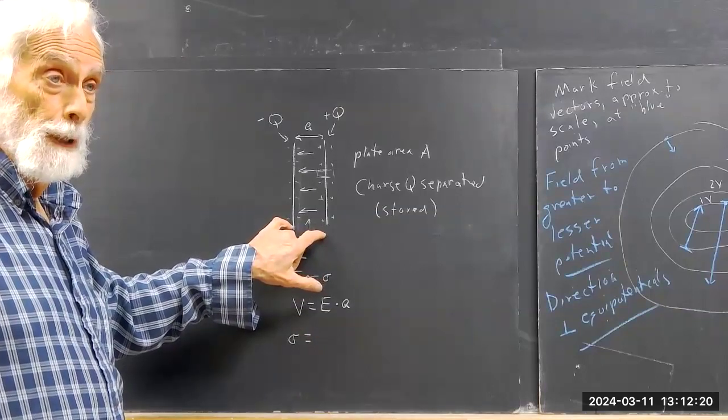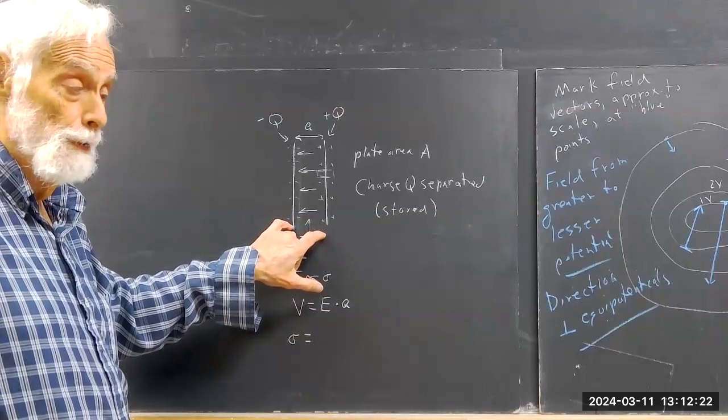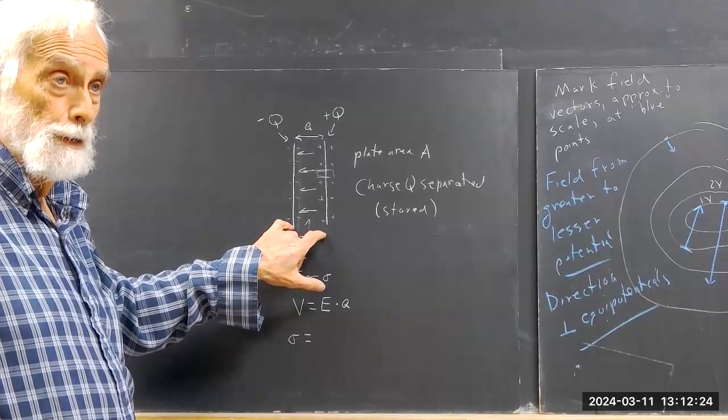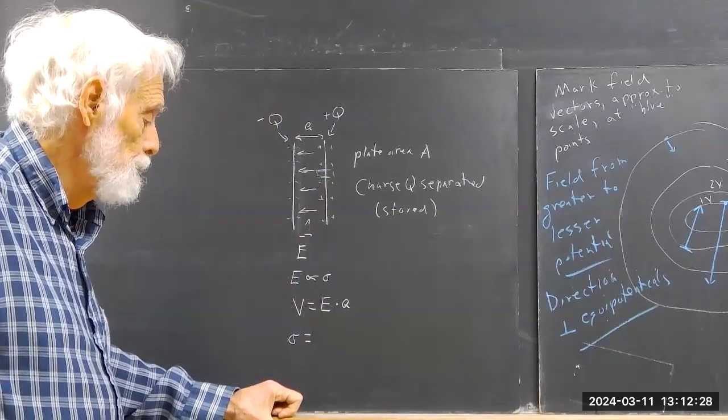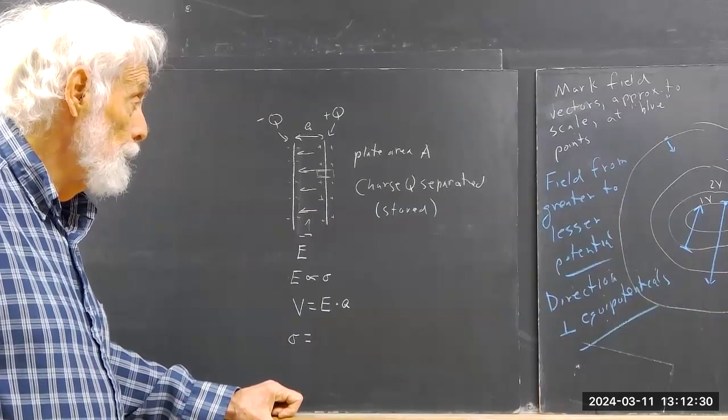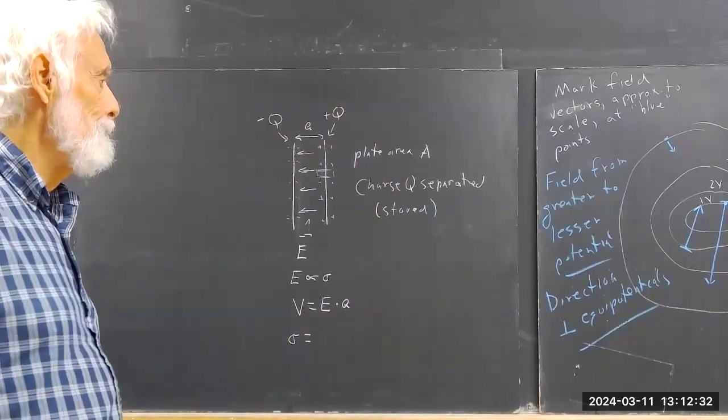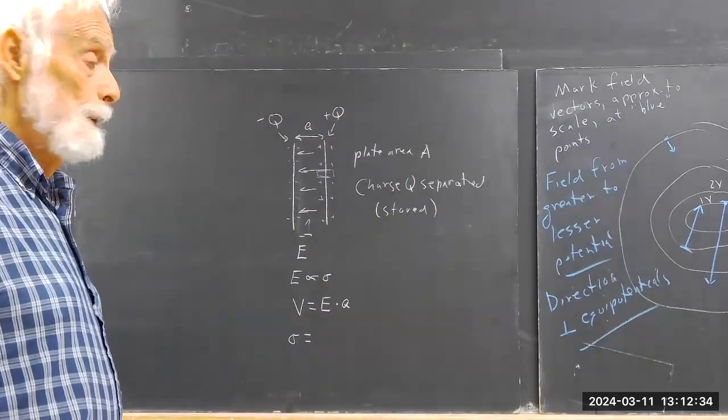Now, when you design a capacitor for use in circuits, you make sure that it stores its charge long enough. So you reduce leakage and all that stuff. Okay, well, all that aside, back to what's sigma?